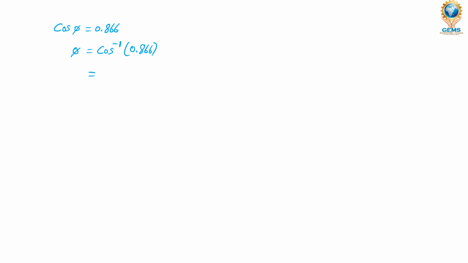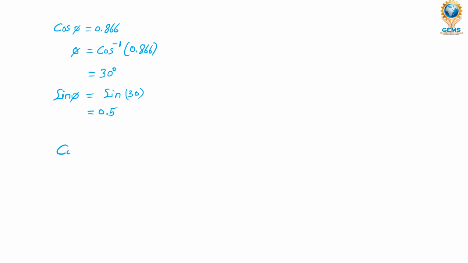From here we get the phi value as 30 degrees. Next, if we calculate sin phi, equal to sin of 30, the value is 0.5.